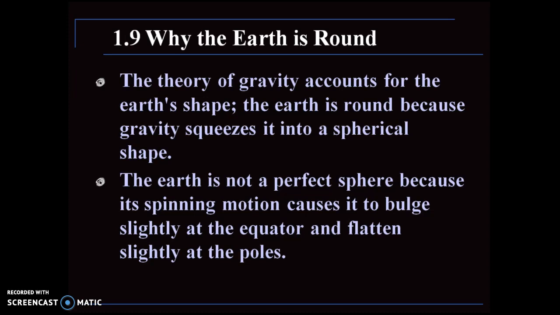The theory of gravity accounts for the Earth's shape. The Earth is round because gravity squeezes it into a spherical shape. If something has to be squeezed into the smallest possible shape, it has to be a sphere.